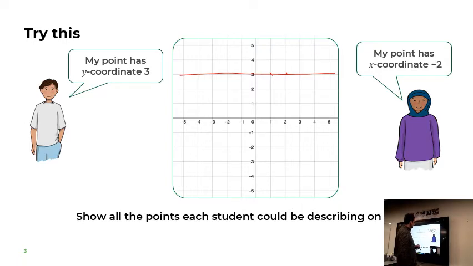Here, this lady here, she said my point has x coordinate -2. So x coordinate -2, so it can be this value, this value, this value. So basically, any point on this line here has an x value of -2.